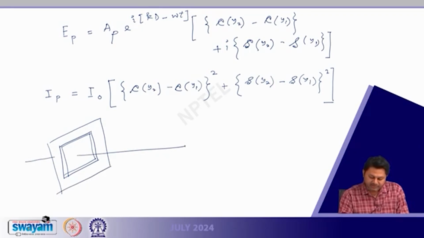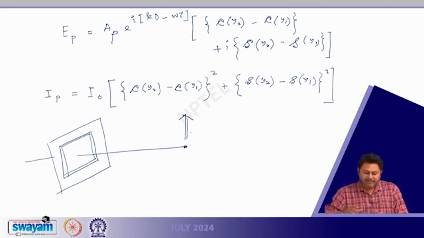The intensity distribution here is related to this integral value, which is called the Fresnel's integral. In the Fresnel's integral we have the C and S functions, and we have a qualitative idea how these functions behave.